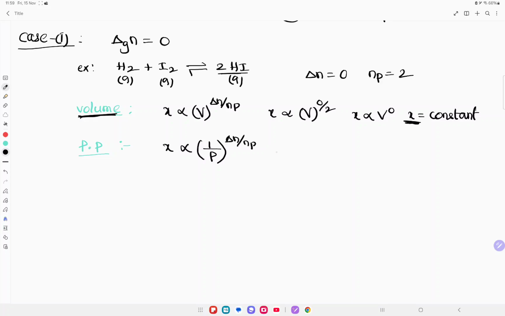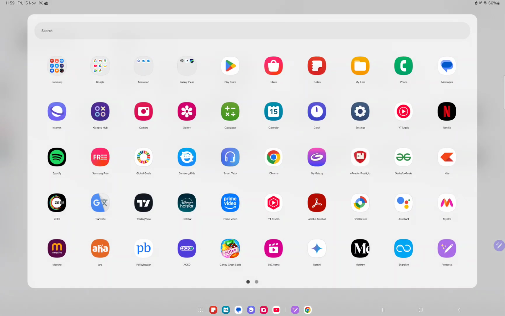So here X is proportional to 1 by P power, what is delta n? 0 by 2. That is X proportional to P power 0. Something power 0 is equal to 1, and 1 is constant. So X remains the same. The number of moles of reactant molecules dissociated remains the same. It doesn't depend on partial pressure also.